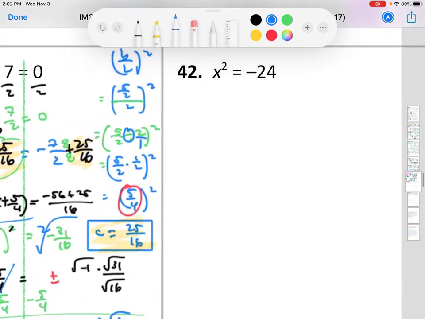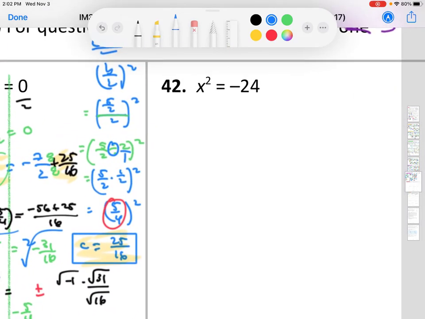Let's go on to number 42 here. Whoa, what do we do here? What do we do here? Okay, so you could do, I'm going to talk a couple things here. You could do something like this. But just recognize that another way of seeing it is it's kind of like this. X minus 0 squared equals negative 24. And you would just take the square root of both sides.